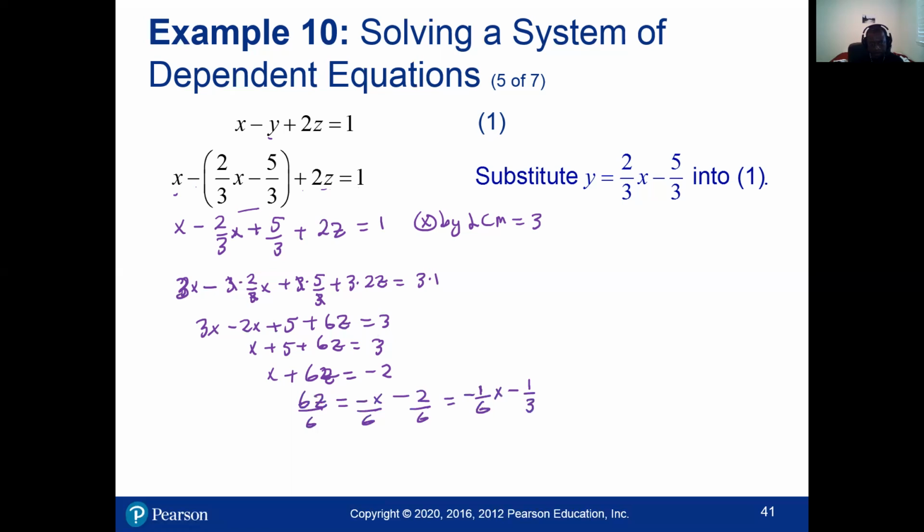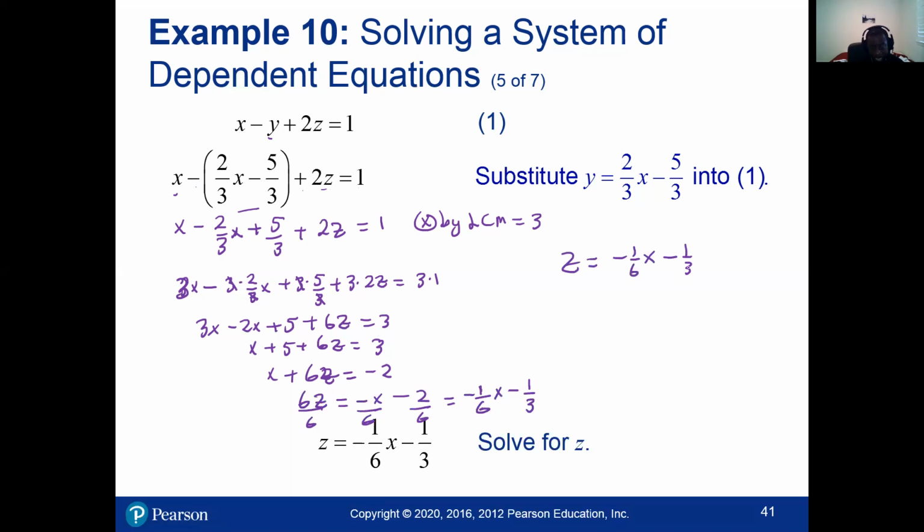Okay, so we have z is equal to minus 1 over 6 x minus 1/3.